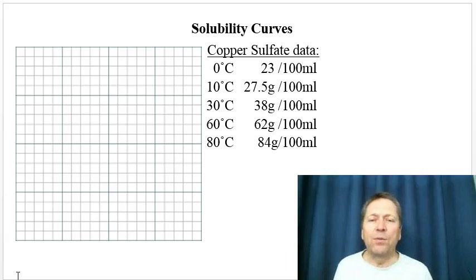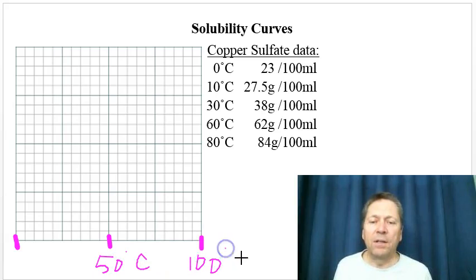Here we've got some information for copper sulfate, and I'm going to show you how to very quickly do a solubility curve. We need to mark up the graph paper first. Let's pick 50 degrees here and 100 degrees here.